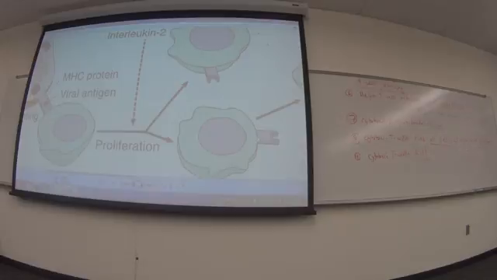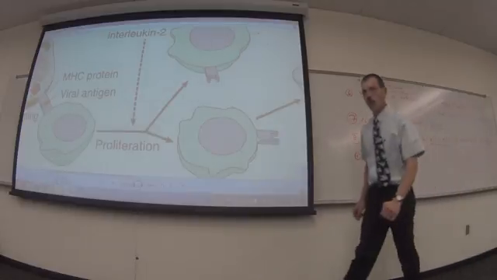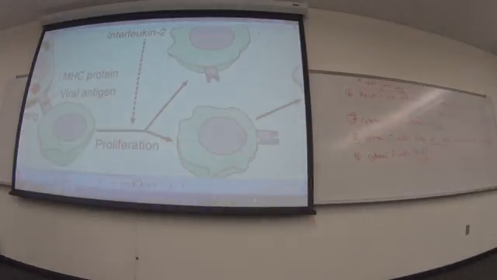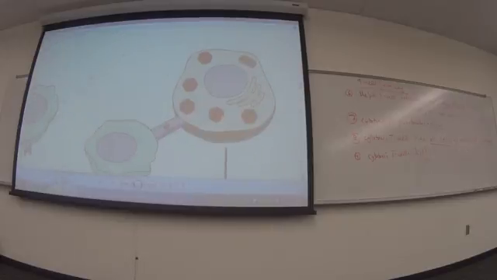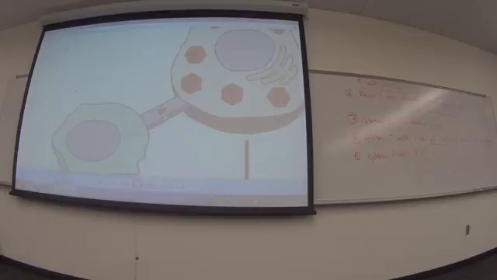If you have the wrong shape, you are dead. So what I'm going to do is find any cell that's non-self and kill it. Let's look at that on the screen. Here's a cell. Gee willikers, it's got the non-self antigen.